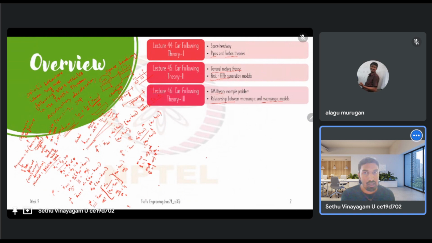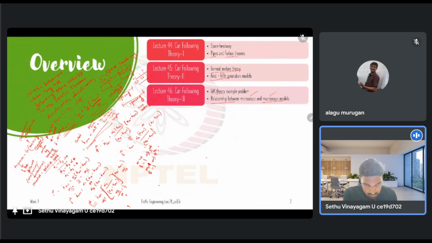In which case we will not be looking at the relative speed or the spacing between individual vehicles. We'll be looking at parameters like the flow, density, or the speed of the traffic stream itself. So we are looking at the traffic stream as a whole in the macroscopic ones, whereas in microscopic we are concerned about individual vehicles or pairs of vehicles.